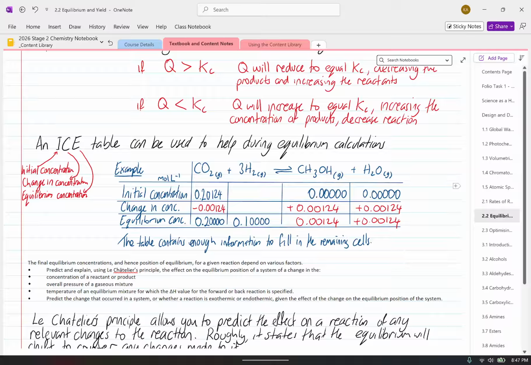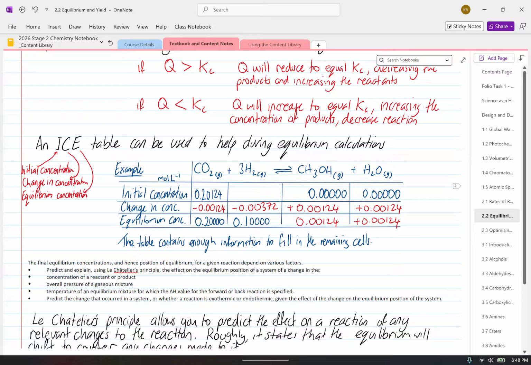This is why I need my calculator. If I have a final concentration of 0.10000, that means I've gotten to that value from a value that was 0.00372 higher. So I'll add those two together, which gives us 0.10372. Yep, there we go.